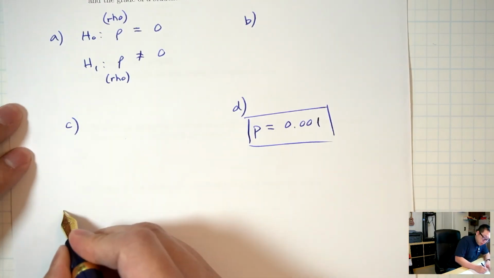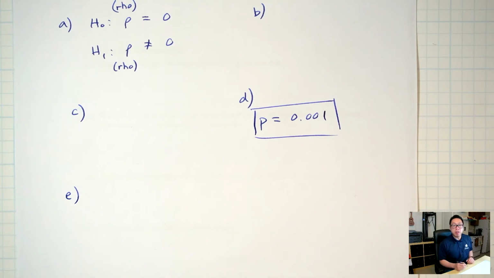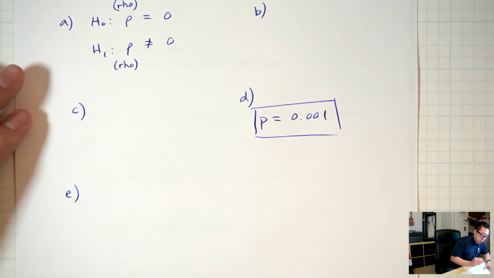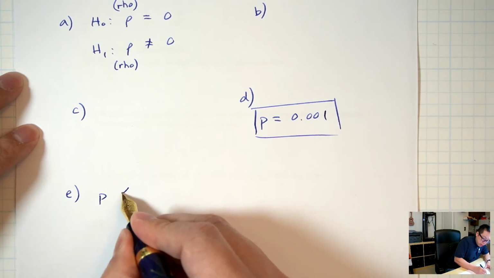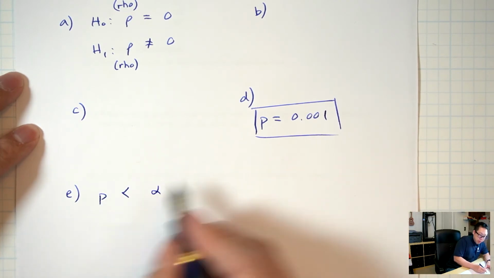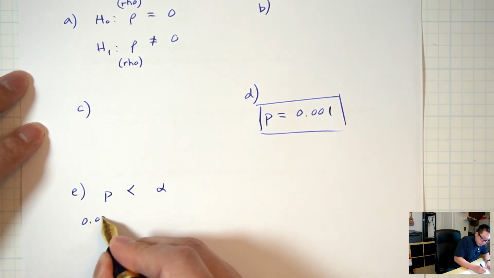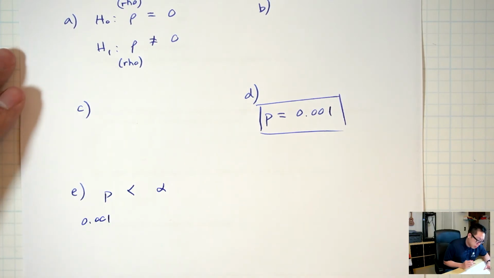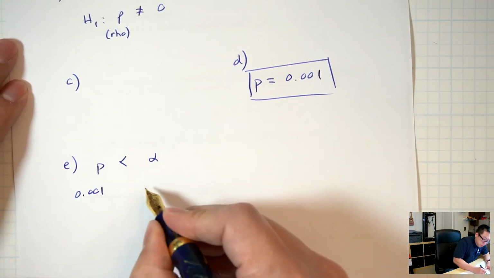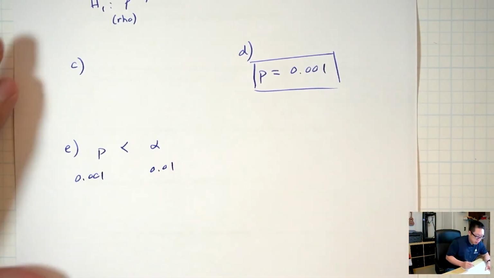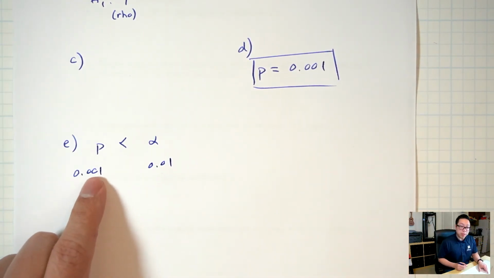And then part E we'll do, which is reject or don't reject H0. Same thing as before. We're going to look at our p-value and compare it with our alpha to see if it's less than. Our p-value is 0.001. Our alpha in this case was 0.01. The question is, is the p-value less than the alpha?